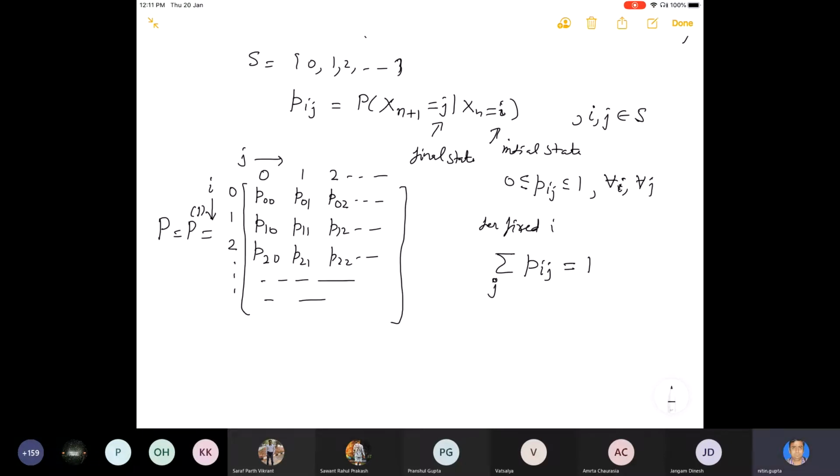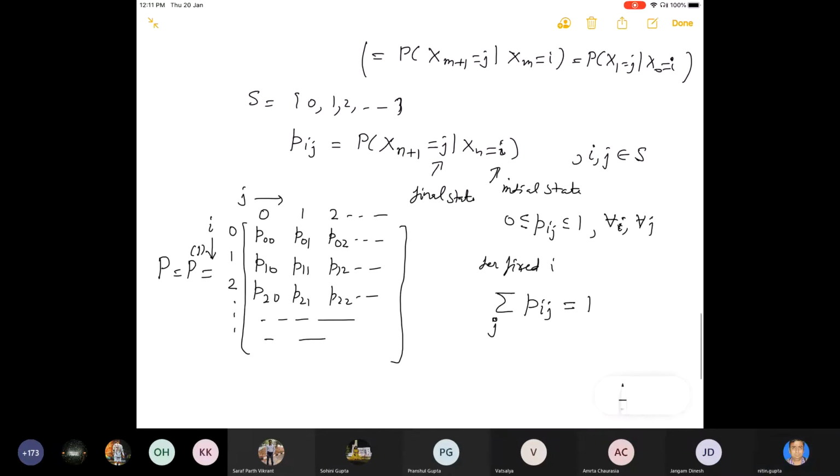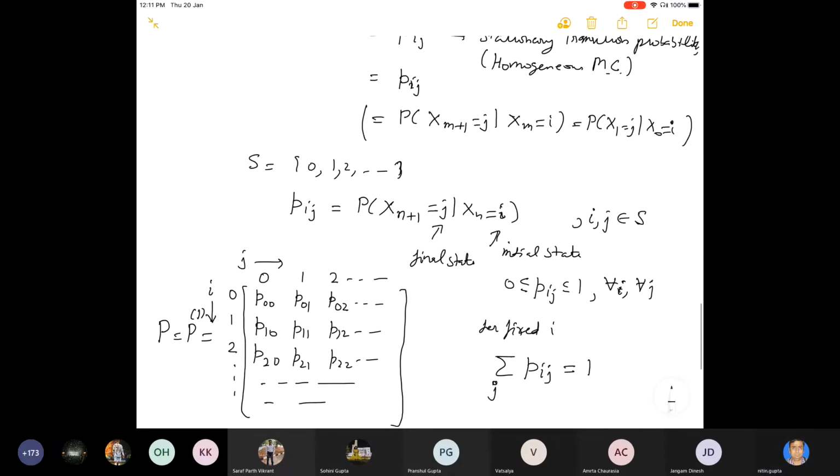So what is that suffix one, the one written on the top there? The power one, what does it denote? One denotes that in one step we are moving from i to j.